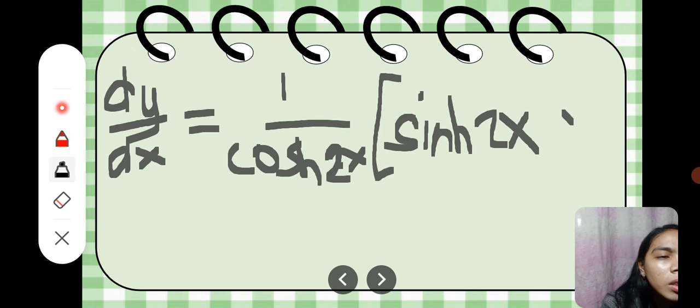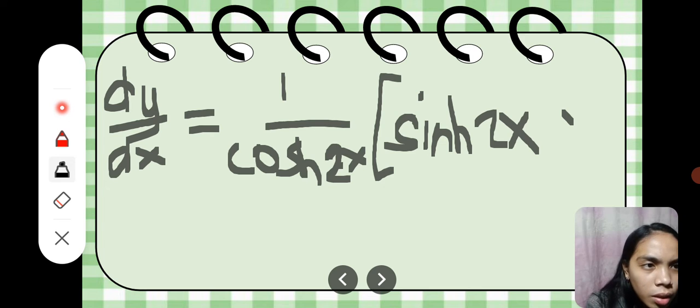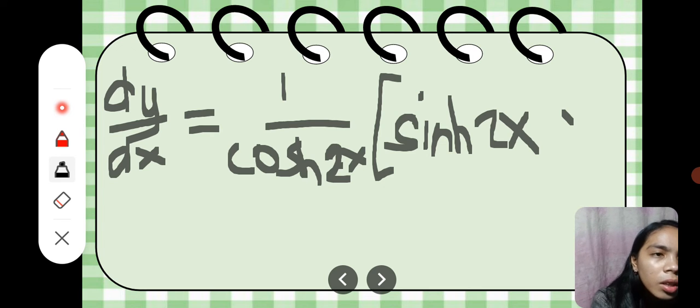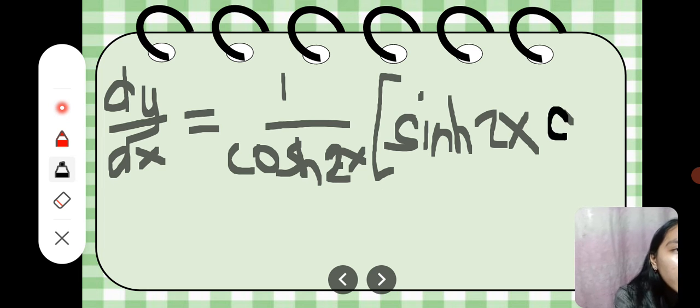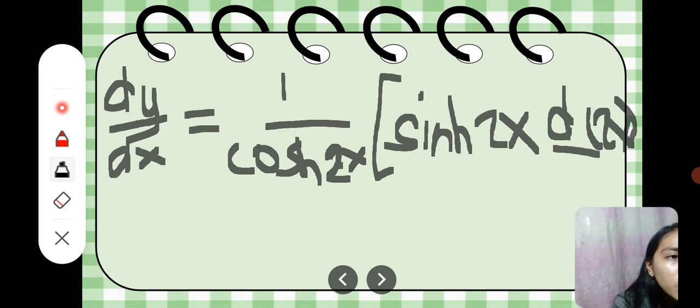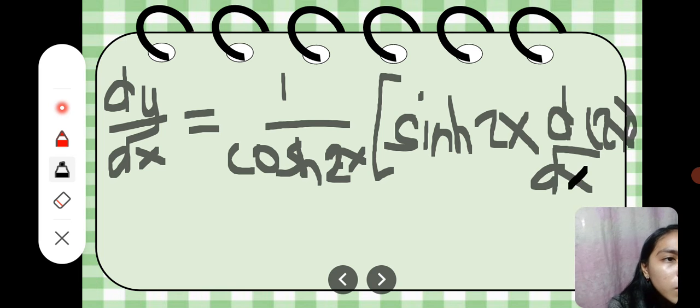For this one, our u is 2x, so we will also find the derivative of 2x with respect to x.